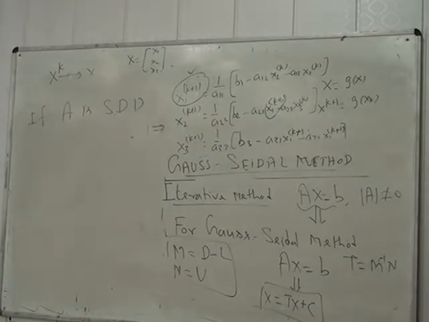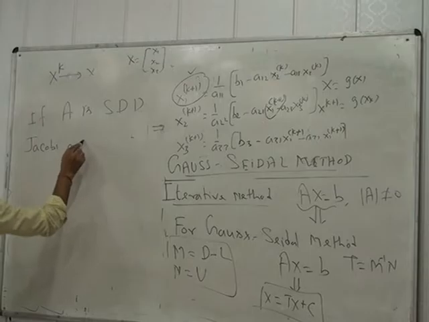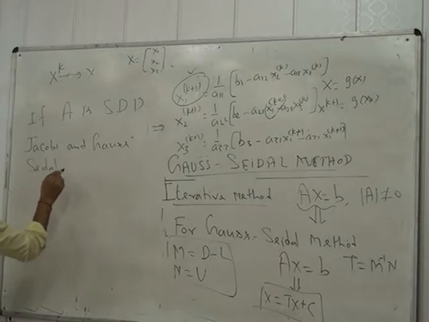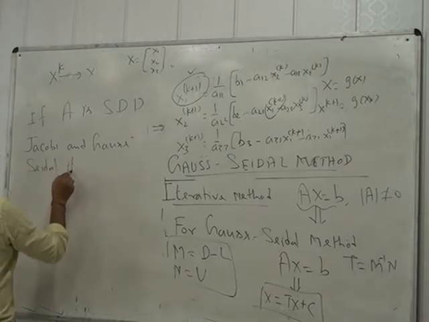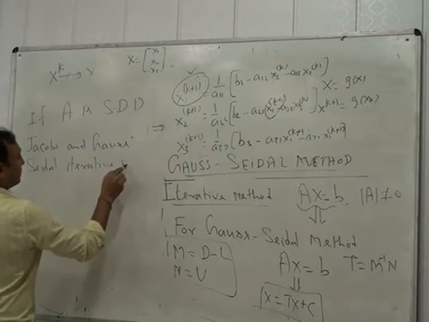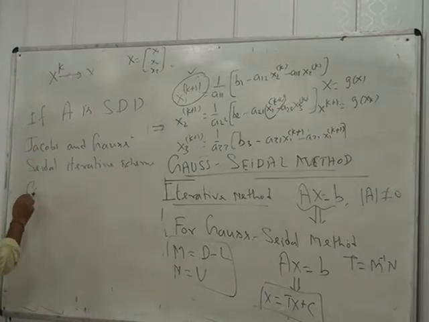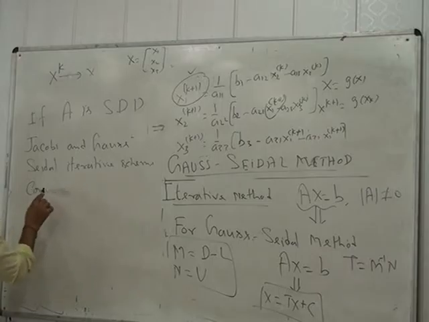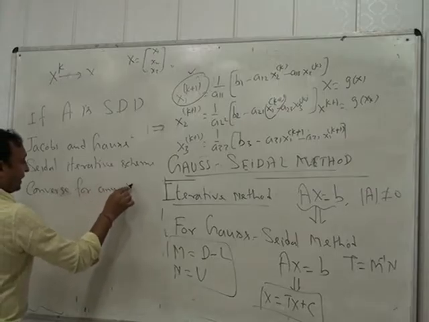It's a strictly diagonally dominant matrix, then the Jacobi and Gauss-Seidel iterative schemes converge for any x naught.